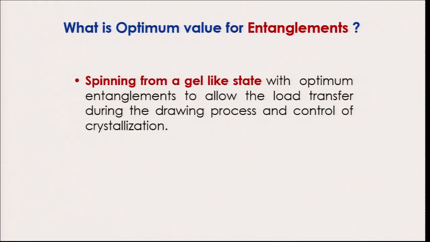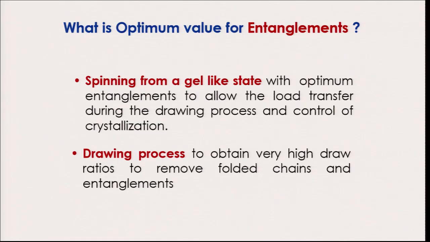Only under these conditions it will be possible to draw the fiber to the highest possible extent, what is known as the super drawing. So, I need to spin the fiber from a state in which there are optimum number of entanglements, and generally this state is a gel like state. In this state there are optimum number of entanglements, and these allow the load transfer during the drawing process, and they also help in controlling the crystallization.